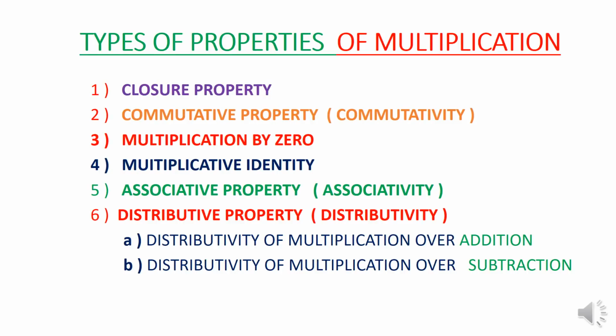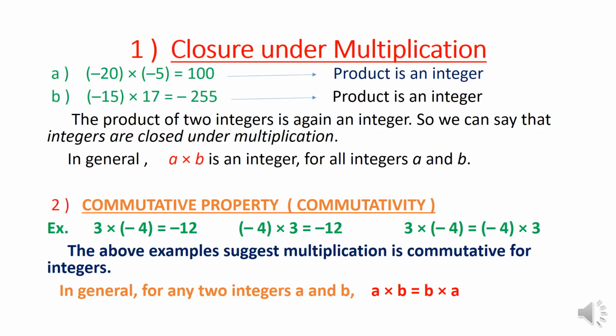First is closure property, second is commutative property or commutativity, third is multiplication by 0, fourth is multiplicative identity, next is associative property or associativity, next is distributive property or distributivity, but this property is considered in two ways: first under addition and next under subtraction. So now let us discuss all these properties one by one.